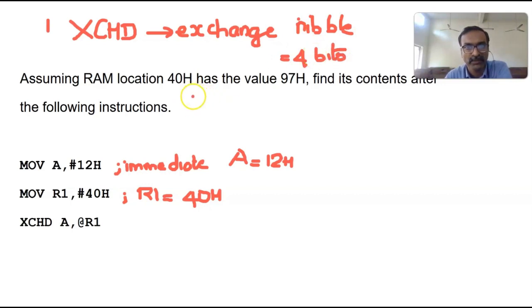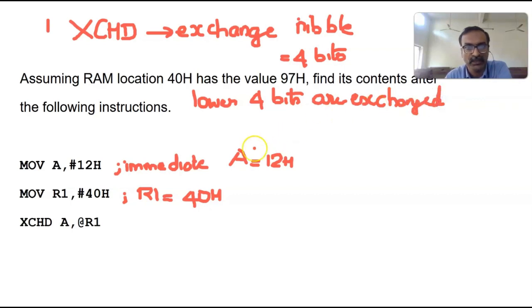So what happens is the lower 4 bits are exchanged. So here R1 points to a memory location, 40H, and its data is 97, as given in the question.